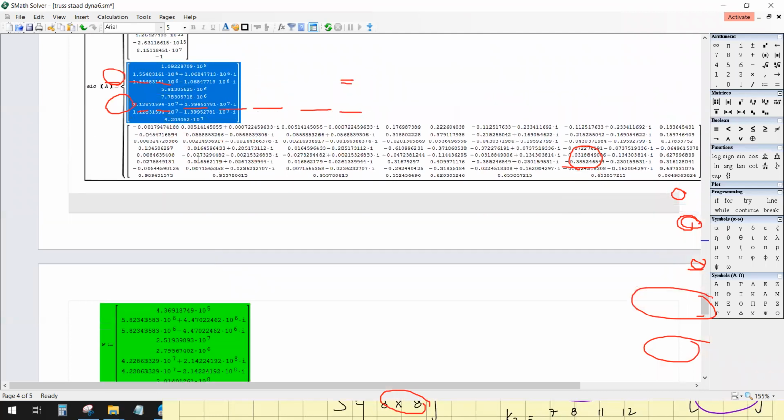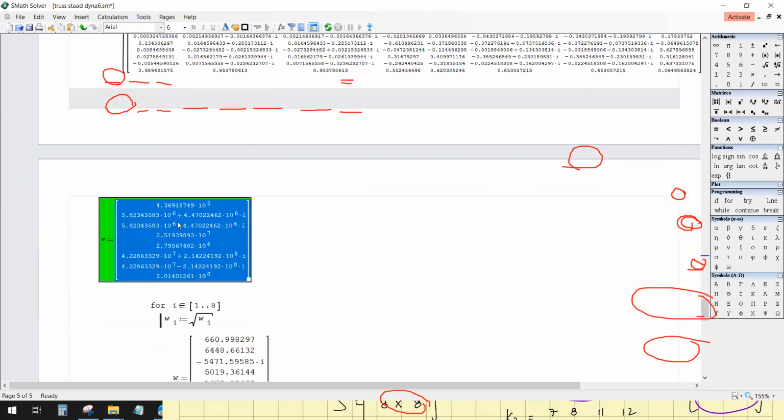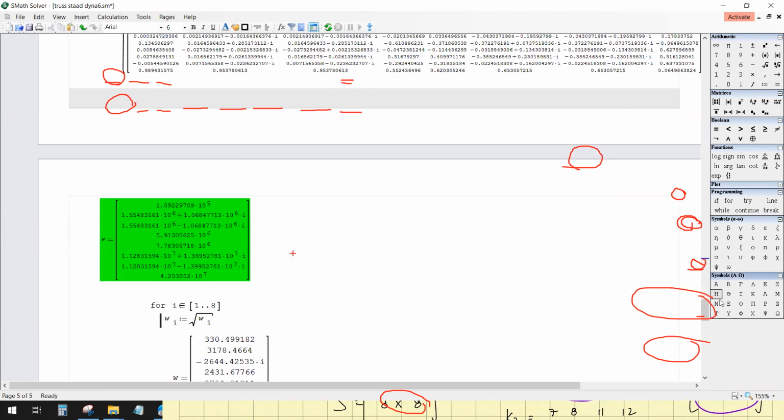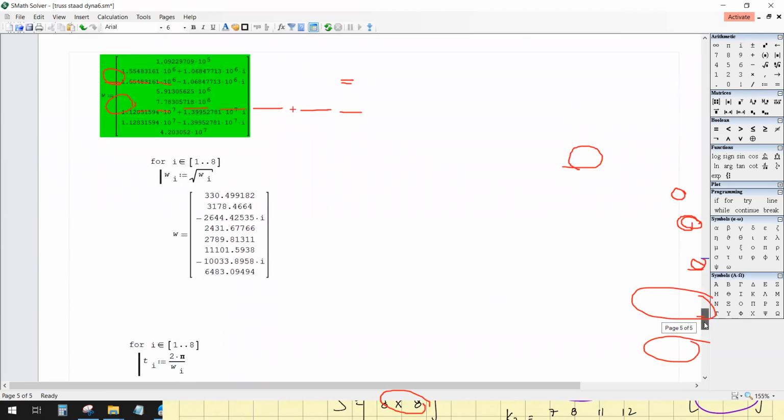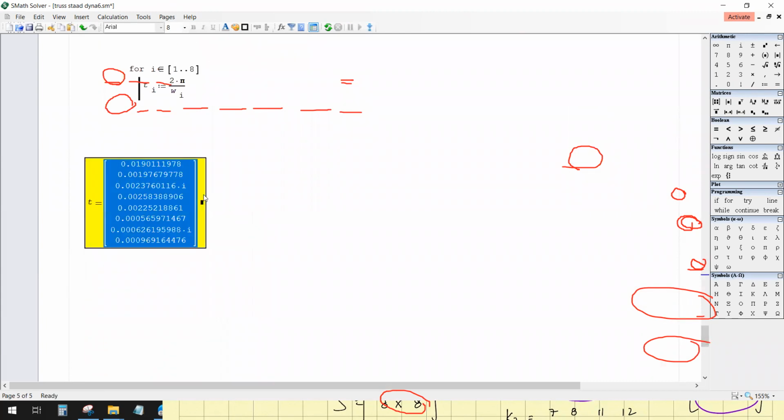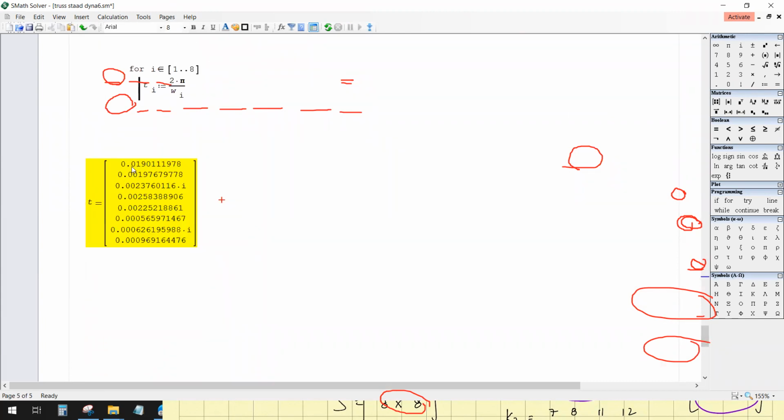Kasi niyo no, kinopya ko pa siya manually because nag-update siya, no? When we update the information, the data. And finally, this is our modal period. Let's focus on ito. Yung first mode, 0.019. Let's now check that kay STAAD.